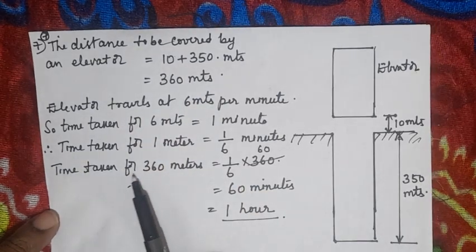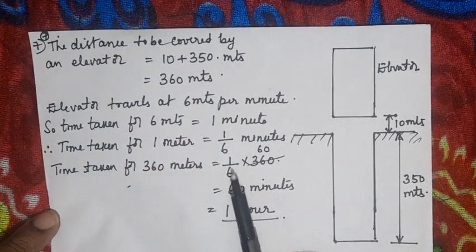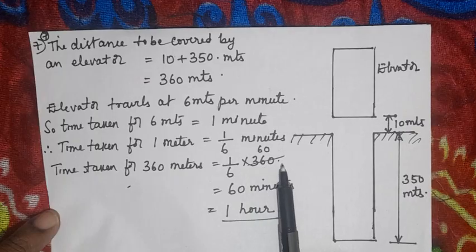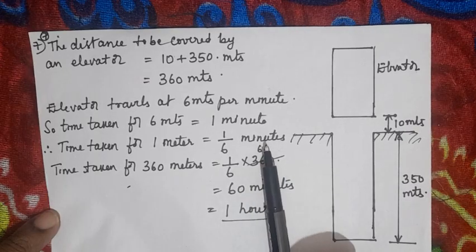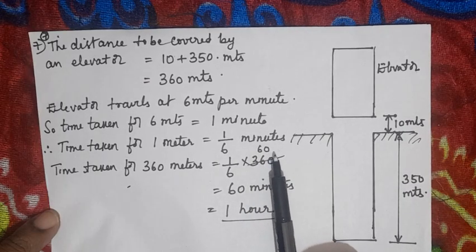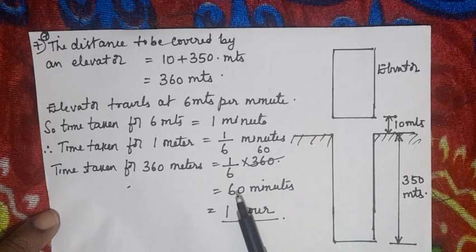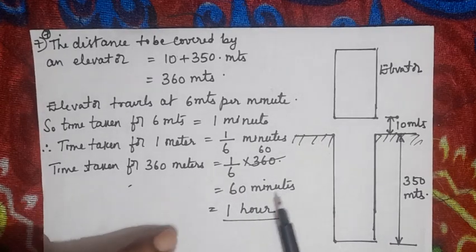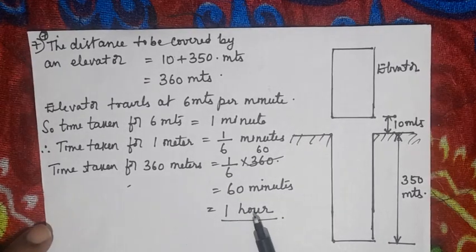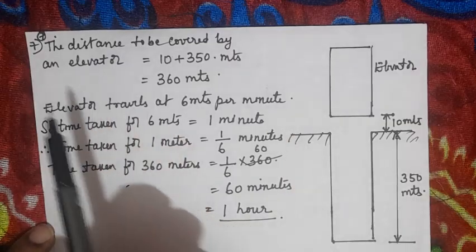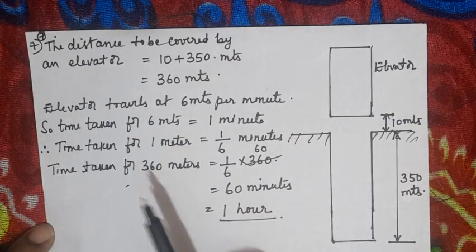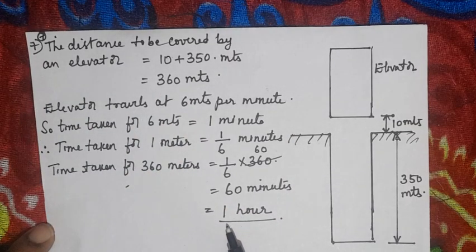So time taken for 360 meters is equal to 1 by 6 into 360. 6 ones are 6, 6 sixes are 36, so 60. So the answer is 60 minutes. 60 minutes means 1 hour. So the time taken to travel 360 meters is equal to 1 hour.